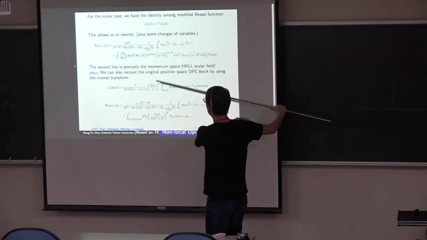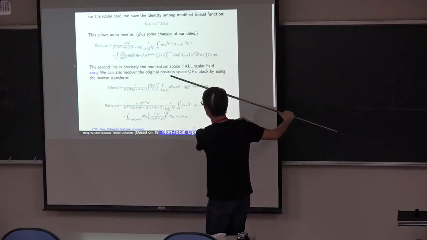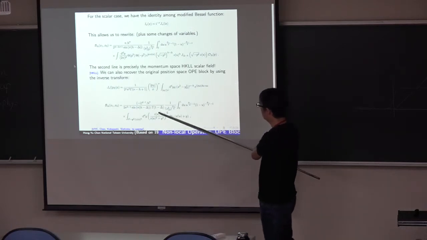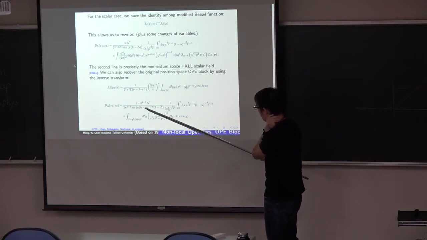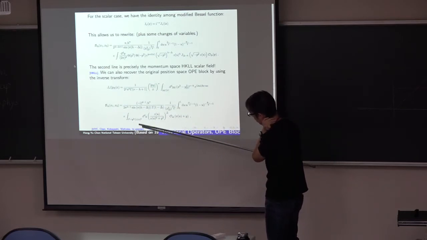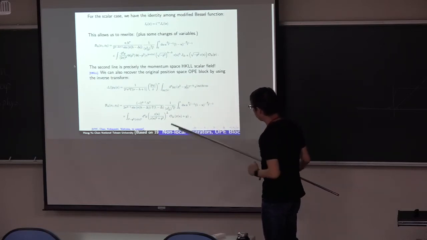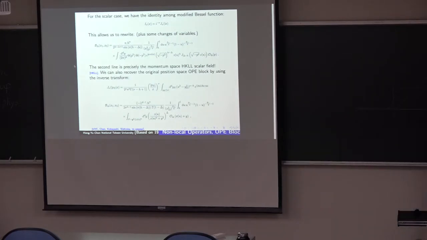There are nice identities which allow you to recast the Bessel function back to the original form, and this is exactly what we were expecting. Now we are working in physical space, and this is the HKLL field we had before, with the appropriate causality imposed, and also the additional external geodesic. So this is one of the results we have.